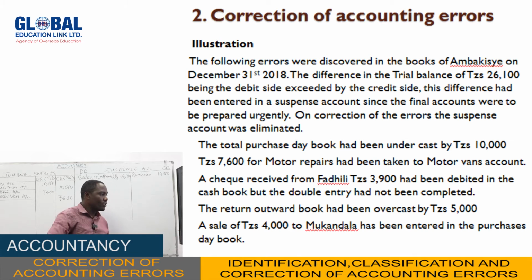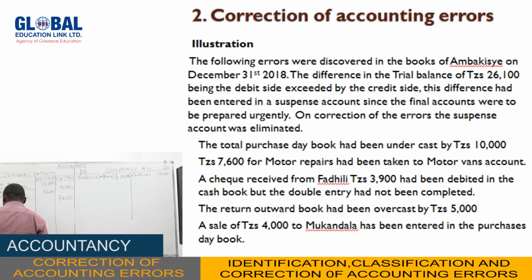So this error caused the trial balance to disagree. The double entry was supposed to be in the Fadhili account, and the Fadhili account was supposed to be credited. So we credit his account and debit the suspense account, because the other account was correctly recorded.